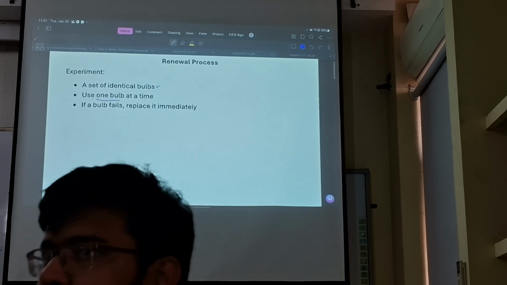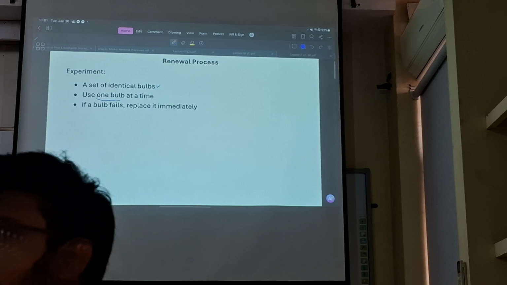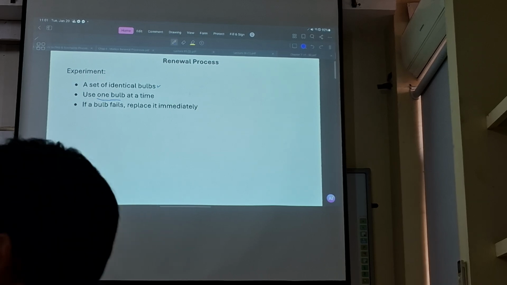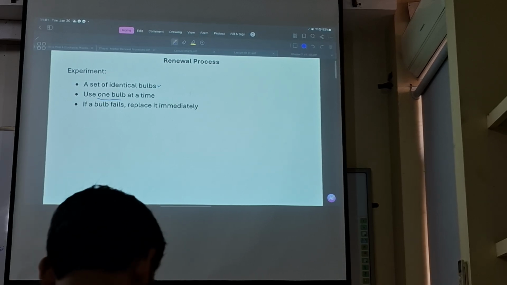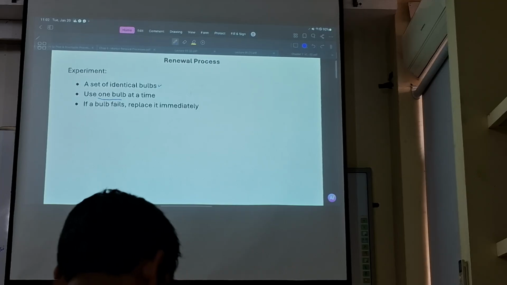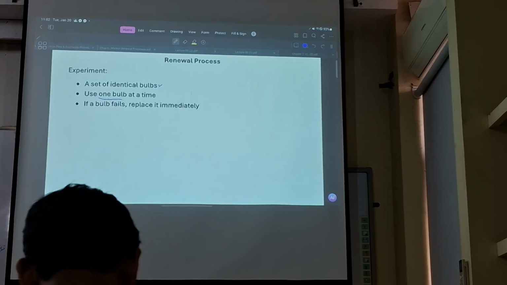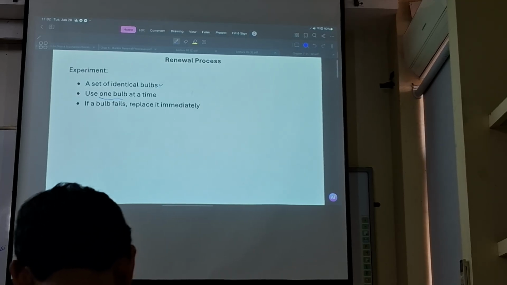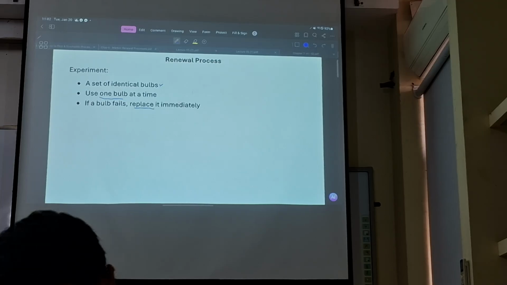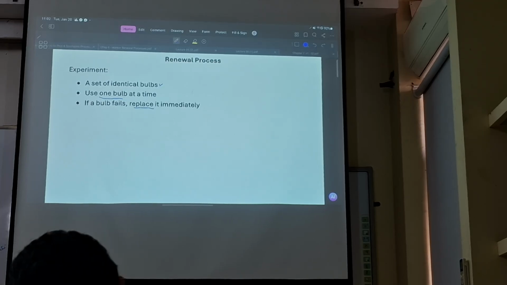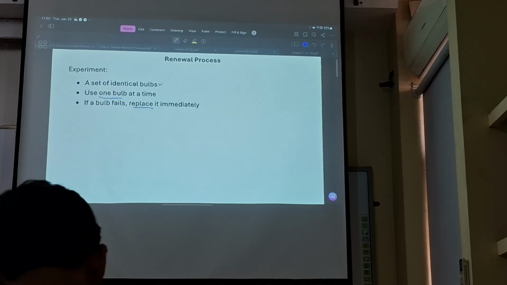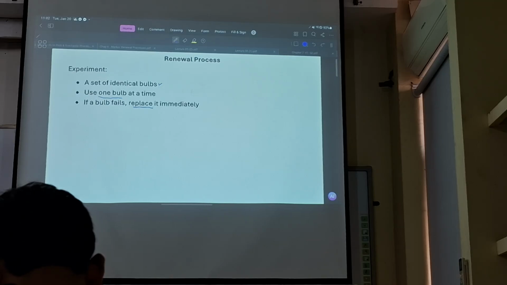The time starts at some point. We start with a bulb. The bulb is continuing. We do not do anything. When the bulb fails, then what do we do immediately? We replace it. And associated with this, let us consider some variables.